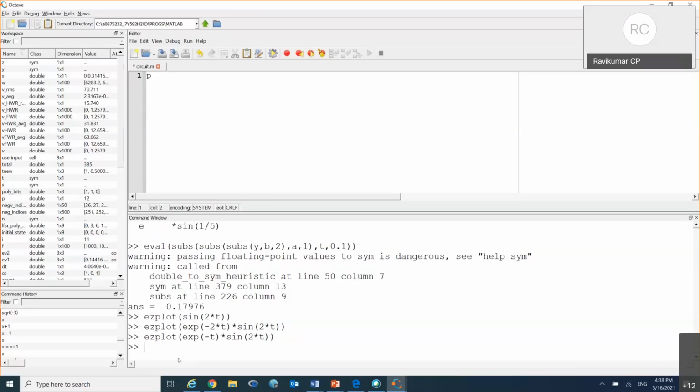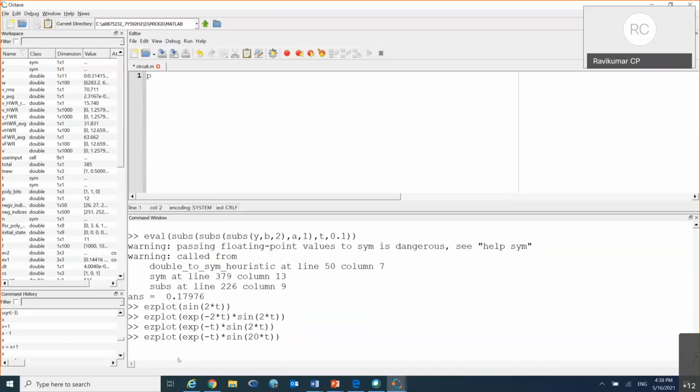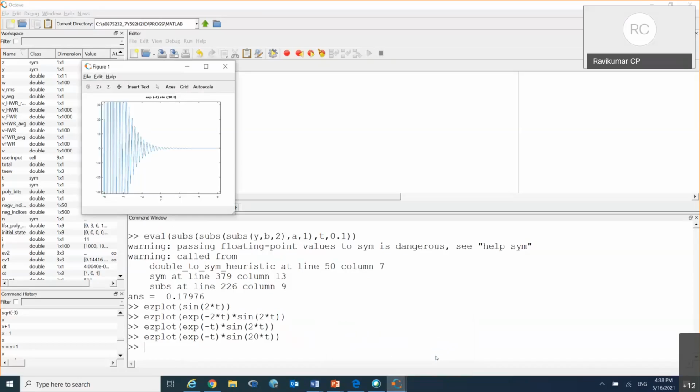If you have a nice function, maybe this makes much more sense. It's an exponentially decaying sinusoidal function. Slowly it will die down to zero.